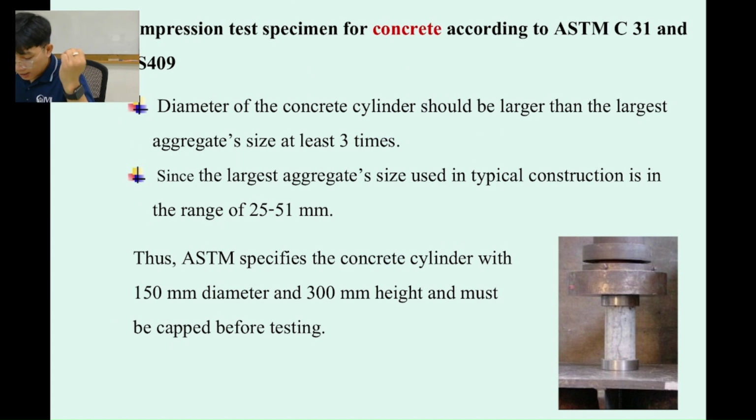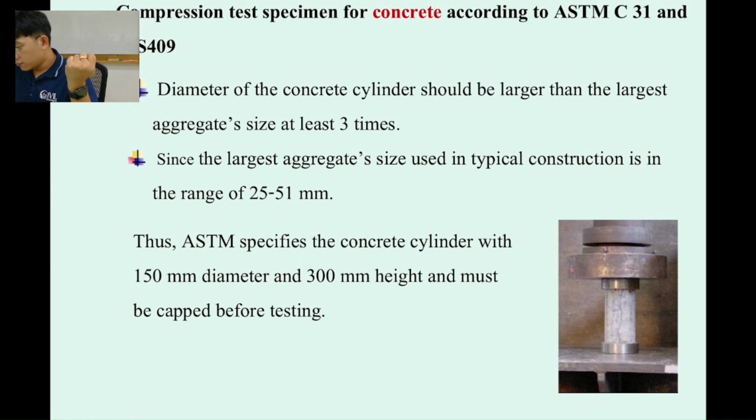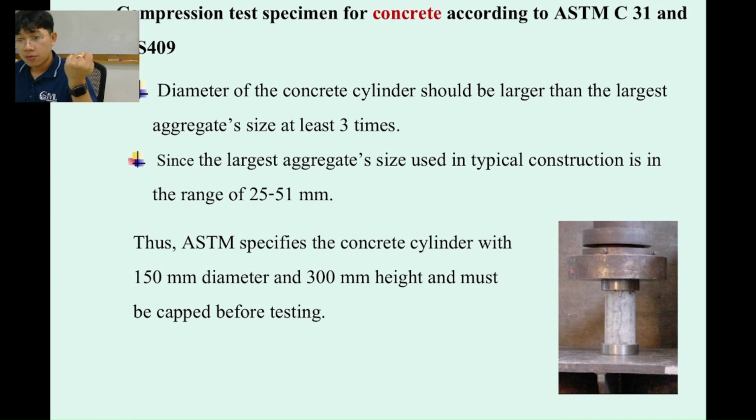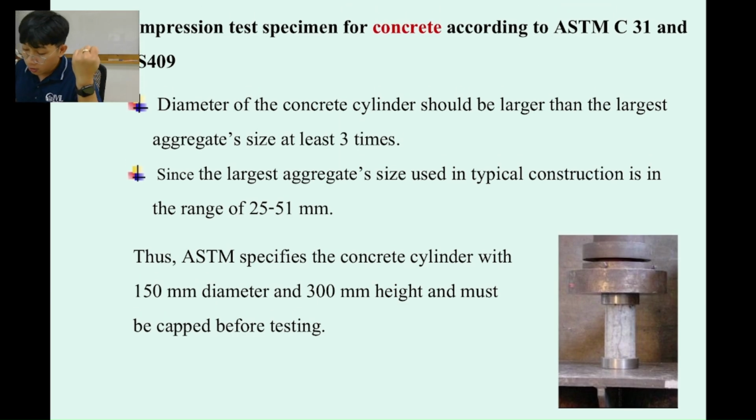Next one, the mold that we use at the lab, the cylindrical one, comes from the code ASTM C31 and TAS 409, which say that the diameter of the cylinder is supposed to be 3 times the aggregate size.